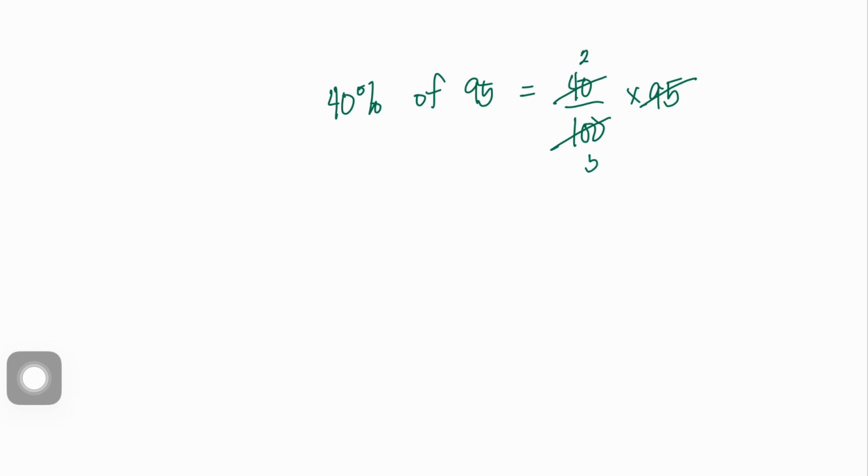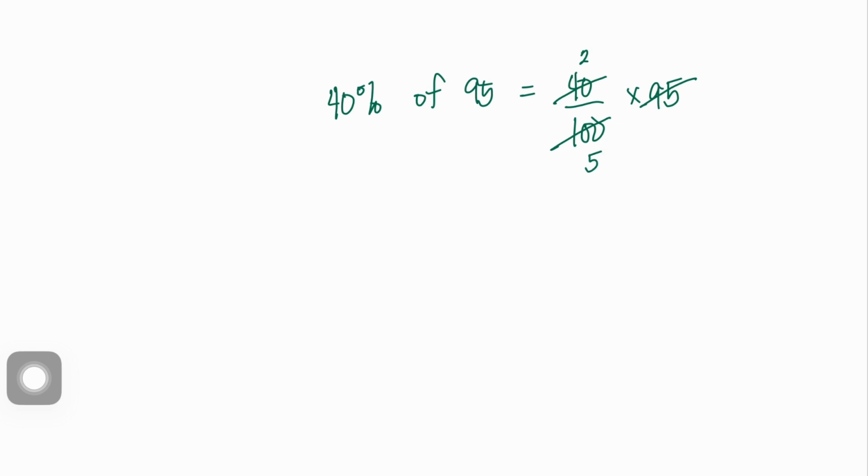Next, let's solve for 40% of 95. 40% is equal to 40 hundredths times 95. 95 and 100 are divisible by 5. Or we can also use 40. 40 and 100 are both divisible by 20, so 40 will become 2 and 100 will become 5.